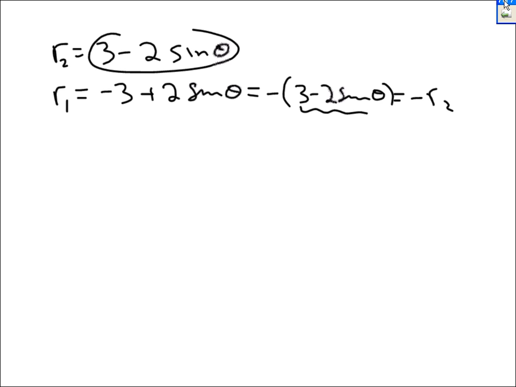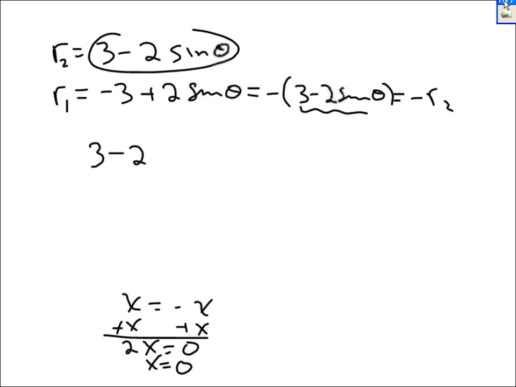Okay, so if things differ by a sign, if I tell you that x is equal to negative x, that means x is 0. You can add x to both sides, and you get 2x is 0, and yes, x is 0. So you may say, well, I take my r's and I want to know when they equal.